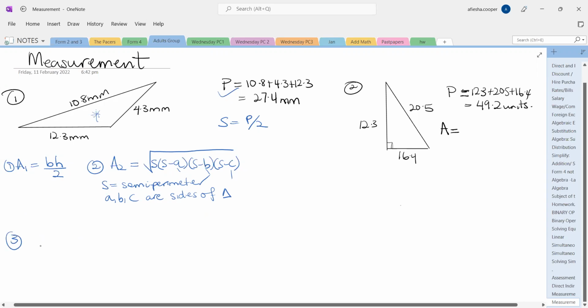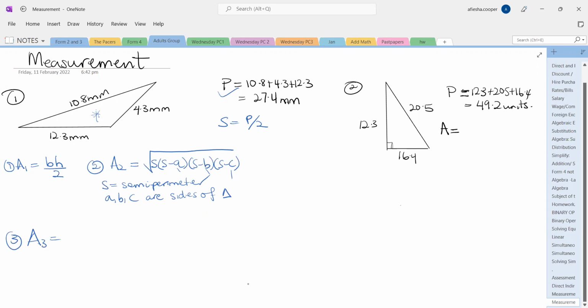And the third formula for area, area 3, is when you have 2 sides and an angle in between.